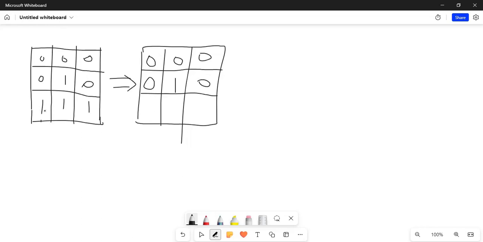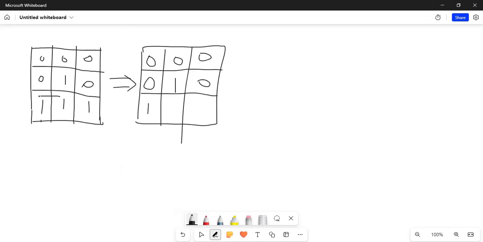Now let's take this one. For this one the nearest 0 is this, which is at a distance 1. For this one the nearest 0 is, you can take either this or this. You can travel one distance, then again travel one distance, that means a two distance.